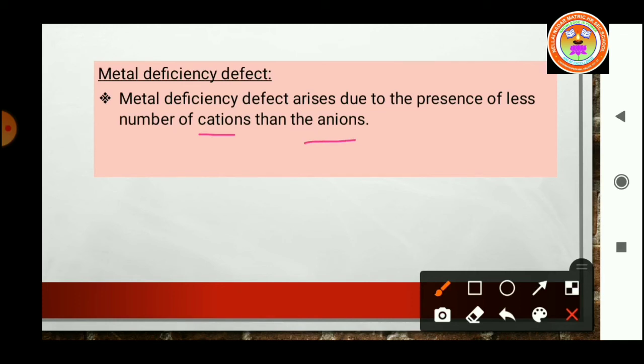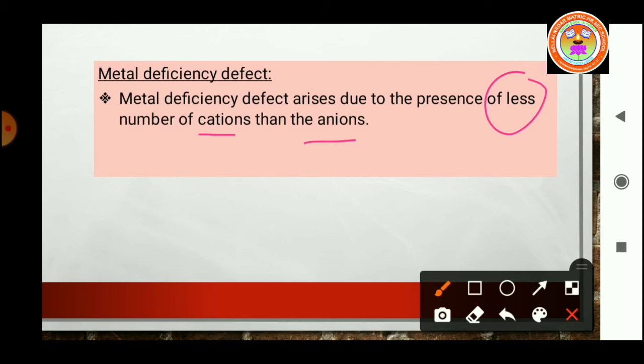Metal excess means excess number of cations compared to anions. But here, metal deficiency defect, that's why it is less number of cations than the anions.